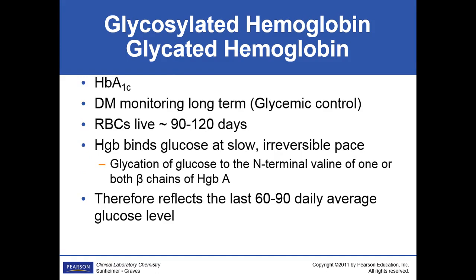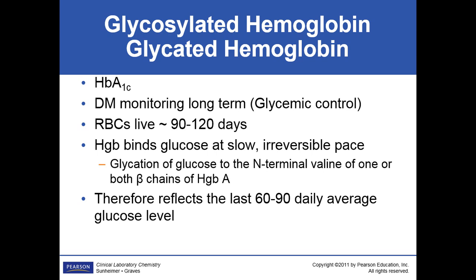And you learned about hemoglobin. There is a portion of hemoglobin A, fraction 1, and subfraction C, that glucose attaches to. Okay? Well, how long do your red cells live? So it's irreversibly bound, so it's stuck there. So if for 60 days you had a lot of glucose, there are going to be a lot of A1C fractions that have it.